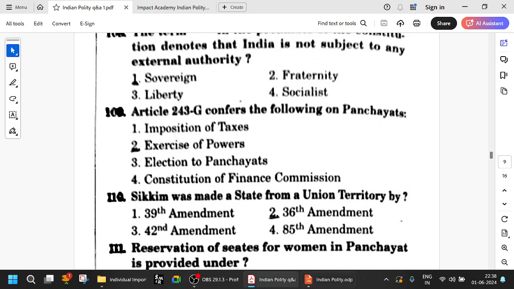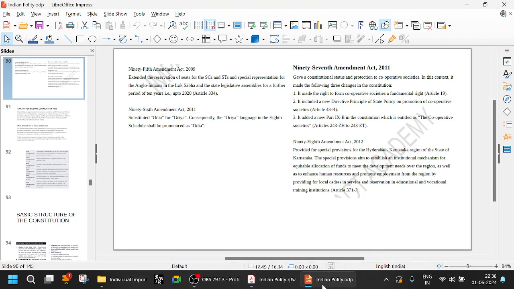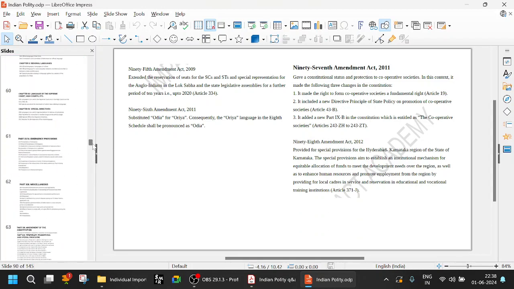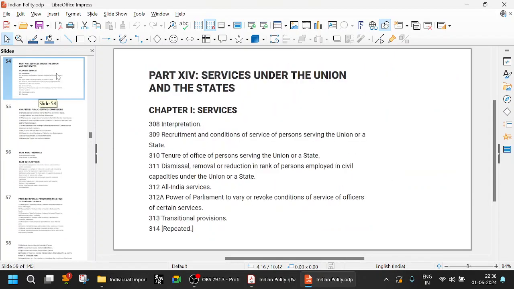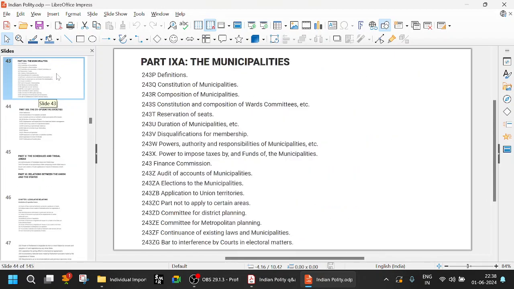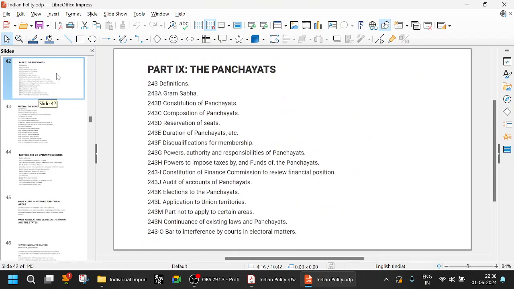So 243G deals with the powers, authority, and responsibility of panchayats.